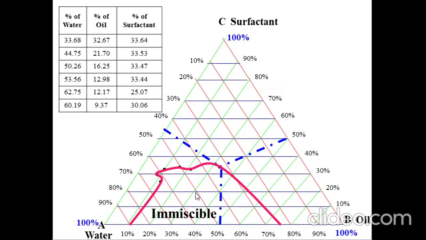That means water is 50, oil is 30 and surfactant is only 20. So they don't form a homogeneous solution. It is immiscible. And anything above or outside this diagram is the composition of the 3 component system which is miscible.